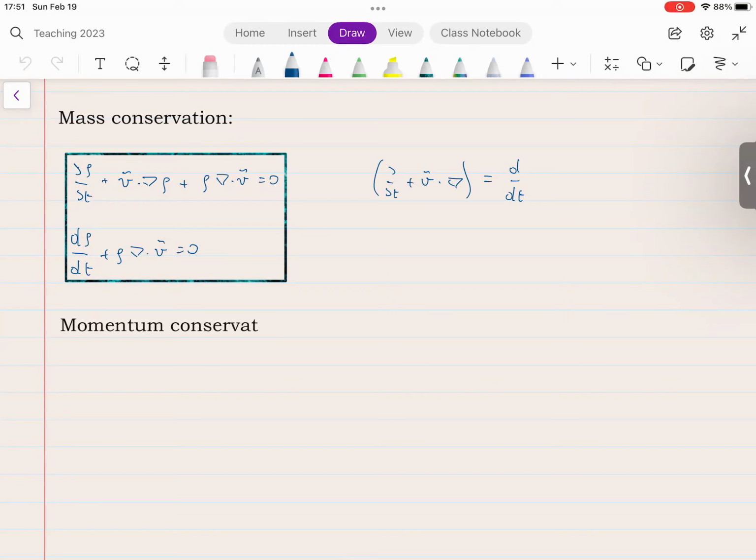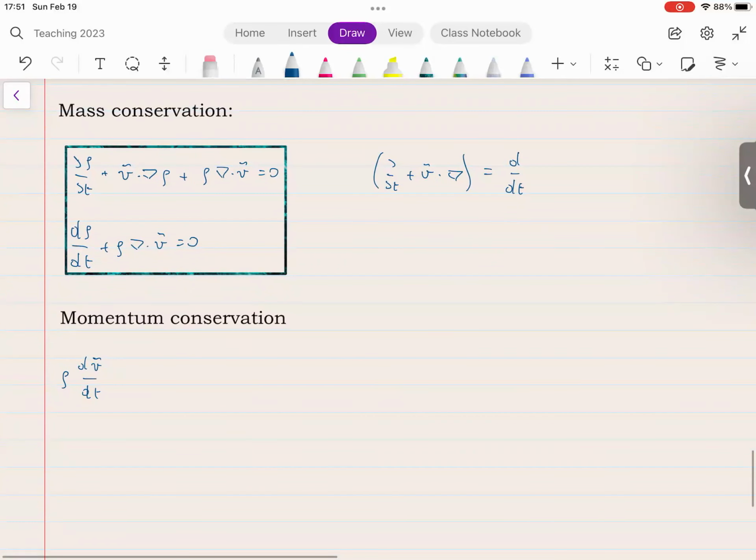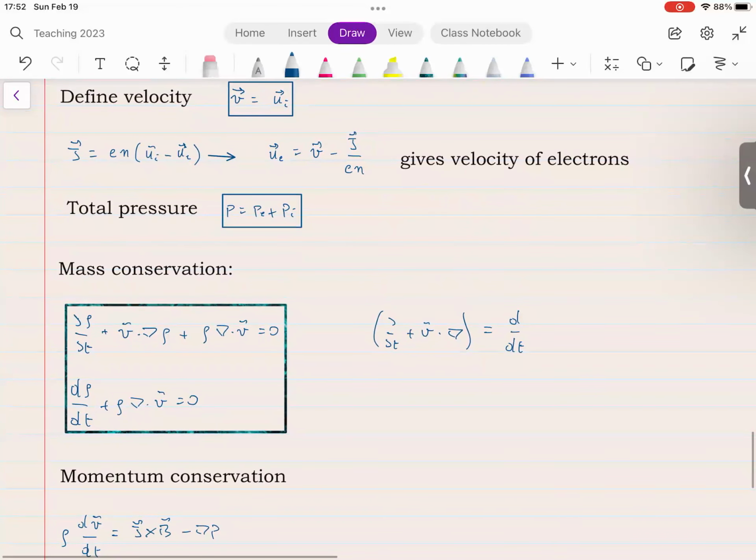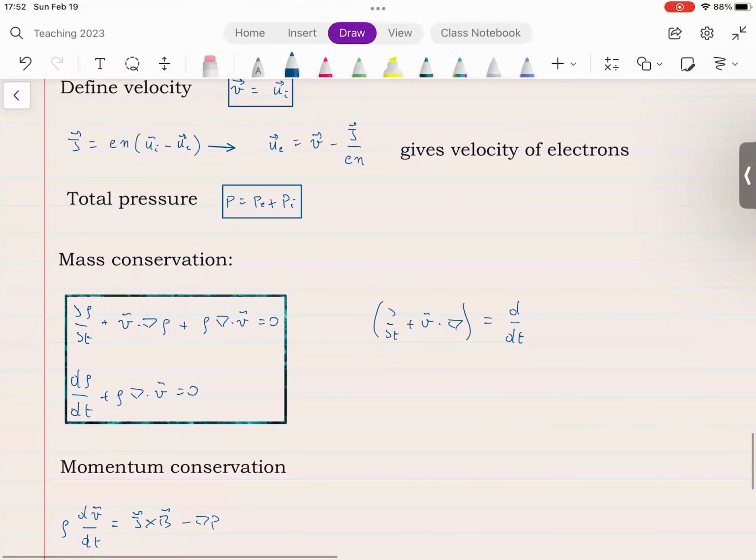That momentum conservation reduces to rho dV over dt, with the definition of derivative I have up here. This is going to be equal to J cross B minus grad P. Remembering the definition of J, what you do is group the velocity of the ions and velocity of the electrons.